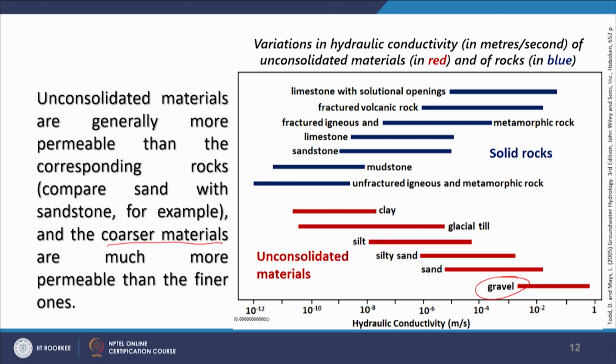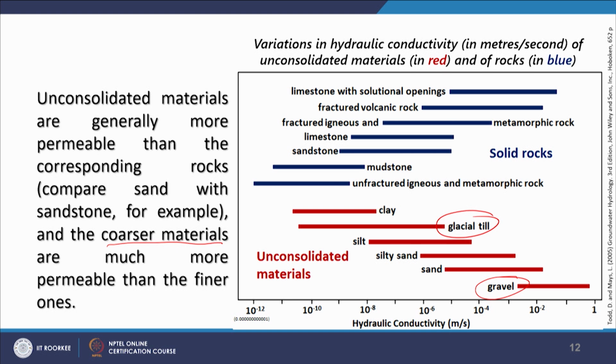Sorting means that if I get a sample where most of the grains have the same size, then we say it is highly sorted material. Sometimes we get material like glacial till, where the material is poorly sorted, and there you would find large grains and small grains together, and then porosity reduces and permeability is also reduced.